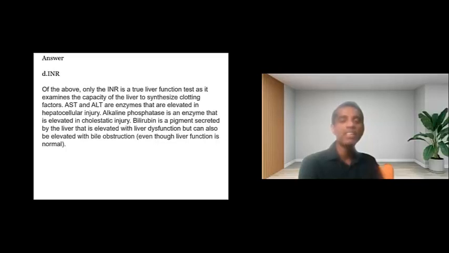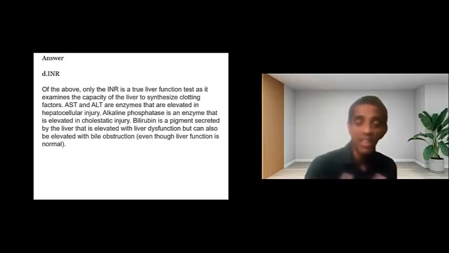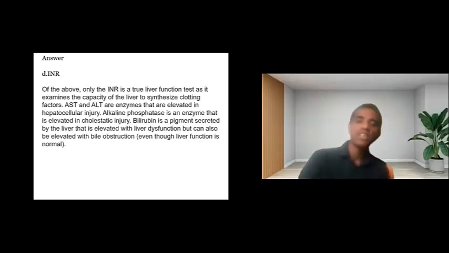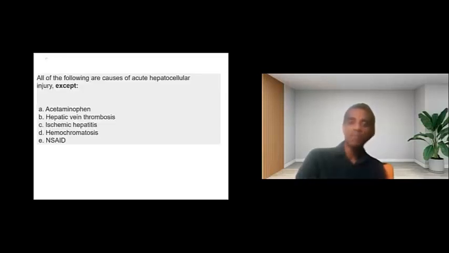Bilirubin is elevated in liver dysfunction, but can also be elevated with bile obstruction or hemolysis. So it's not a true liver test compared to the INR. INR is solely dependent on the liver.